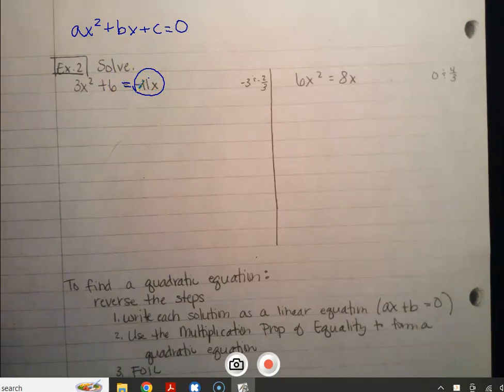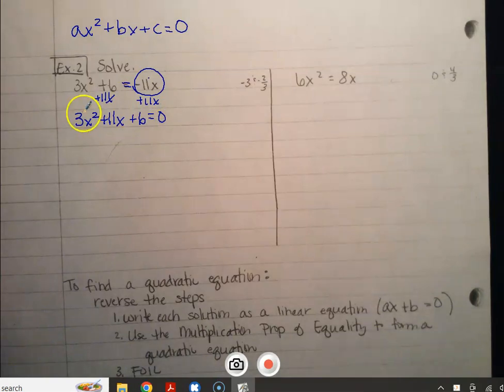We need to move that to the other side, so we're going to add 11x. Then we want it in standard form, so we write 3x squared plus 11x plus 6. Negative 11 plus 11 equals 0. So now we have it in standard form.